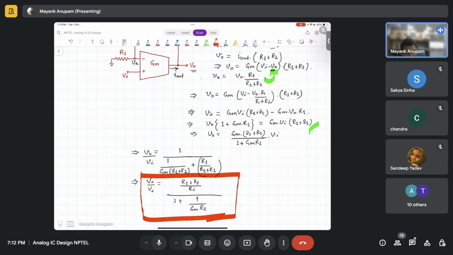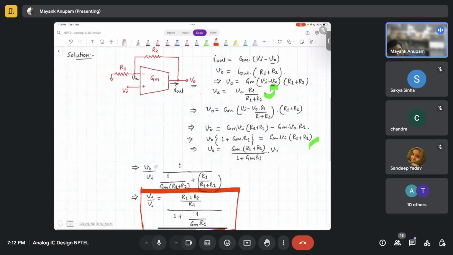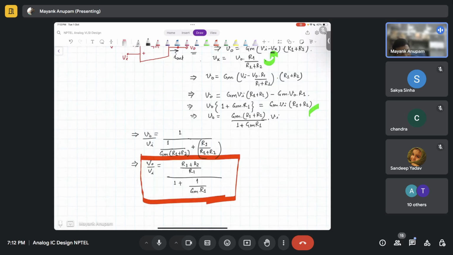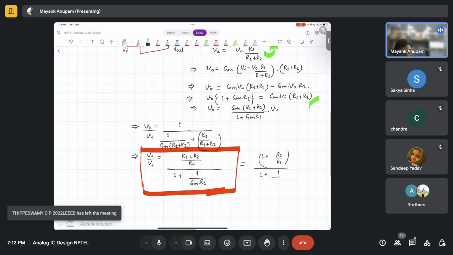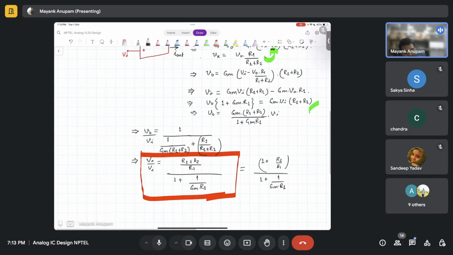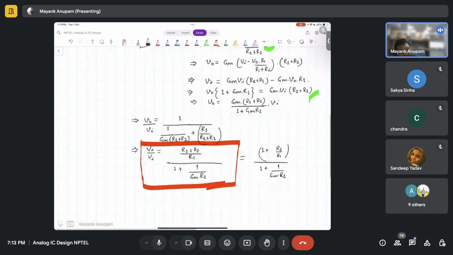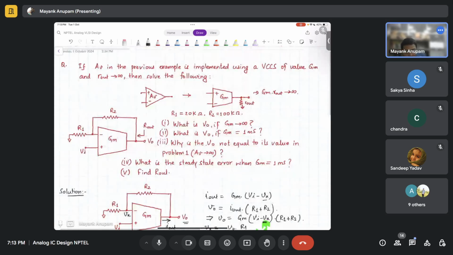So now, as our friend was saying, this equals 1 plus R2 upon R1 over 1 plus 1 over Gm times R1. This is what it is. So again, if Gm tends to infinity, this is the first question.